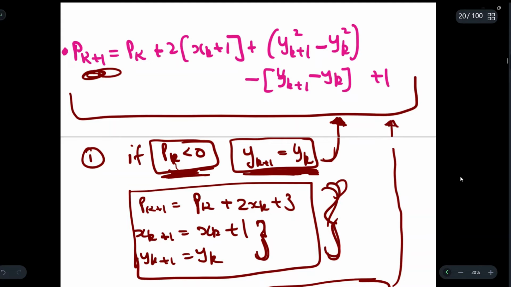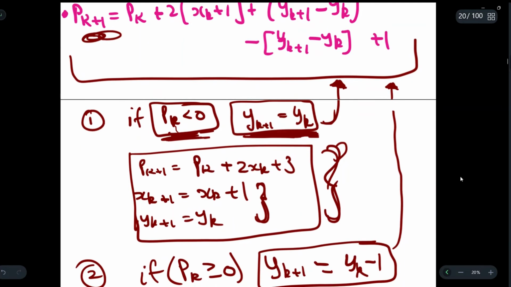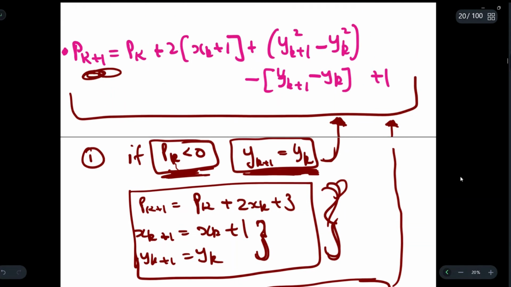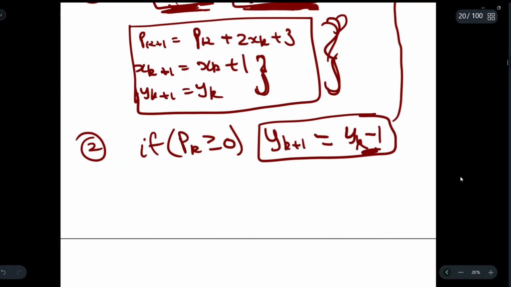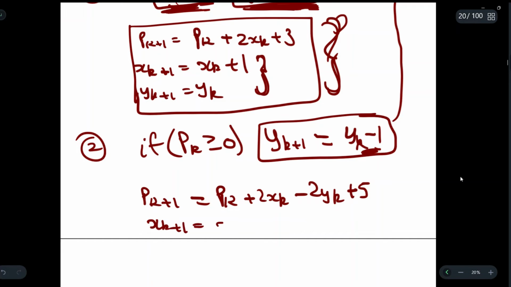Now on doing so you will get the value of pk plus 1 as pk plus 2xk minus 2yk plus 5, and the value of xk plus 1 will be given as xk plus 1, and yk plus 1 will now be given as yk minus 1.